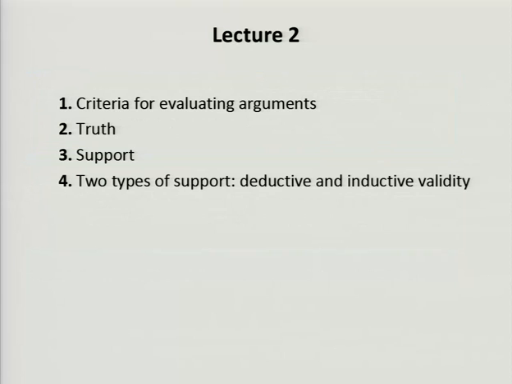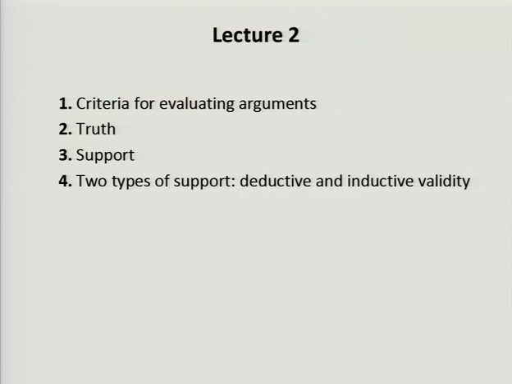And we're also going to learn a few more technical terms. So a few more terms for saying what determines the goodness of an argument, what kinds of goodness or success exist, and so on and so forth. So we'll look at different criteria for evaluating arguments, two main factors being truth and support, and I'll talk a little bit about that later on, and then we'll also look at different types of support.